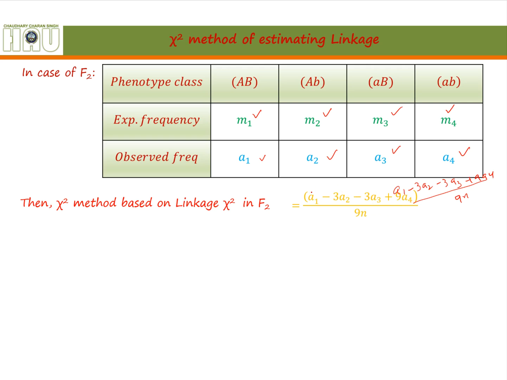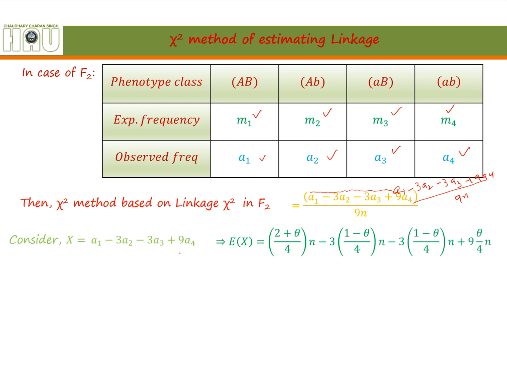Now if we consider this as a linear function, let us consider x as the linear function, then find out its expected value. Of course, the expected value of A1 in F2 is (2 plus theta) by 4, then 1 minus theta by 4, 1 minus theta by 4, and theta by 4.